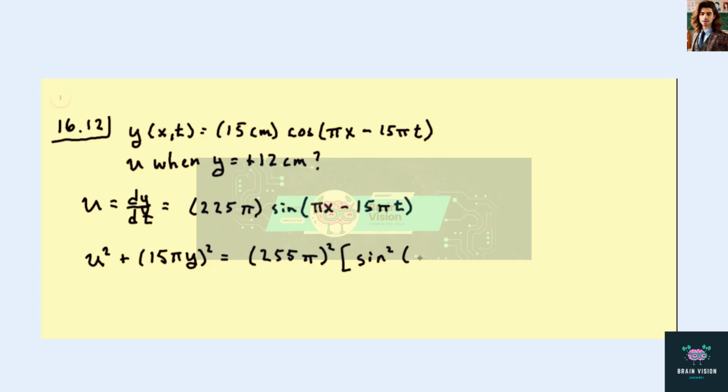Times sine squared of pi x minus 15 pi t plus the cosine squared of pi x minus 15 pi t.